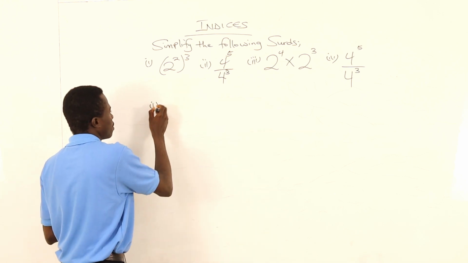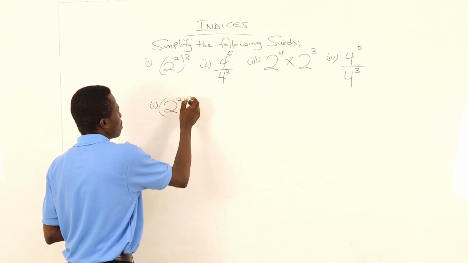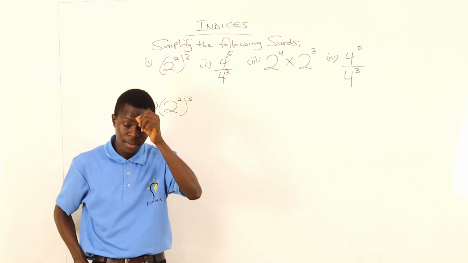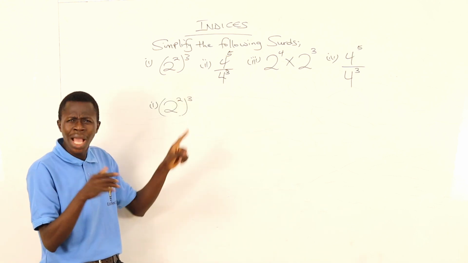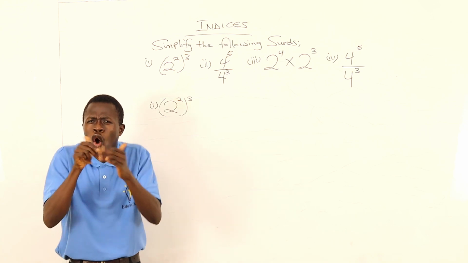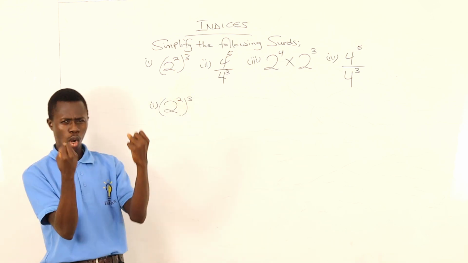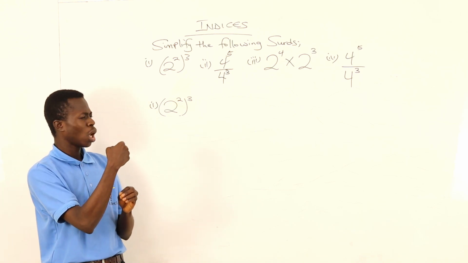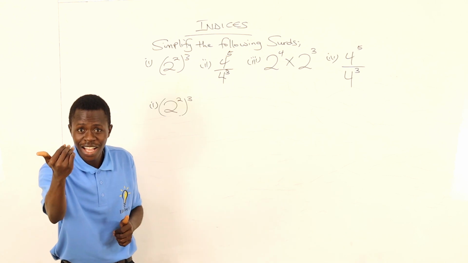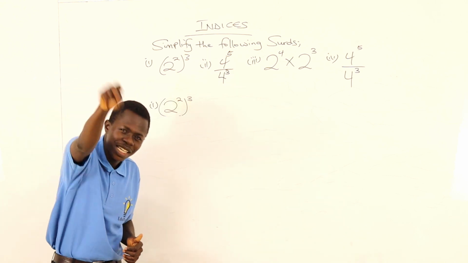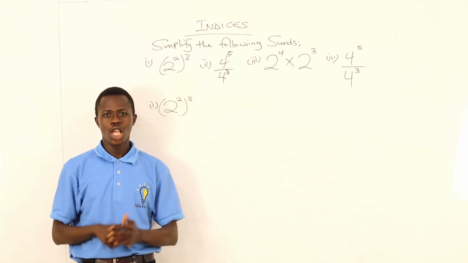We take a look at example 1, which says 2 raised to the power 2, multiplied by the power 3. When you look at the example on the board very well, which of the laws does that resemble? Yes, it resembles law 3.